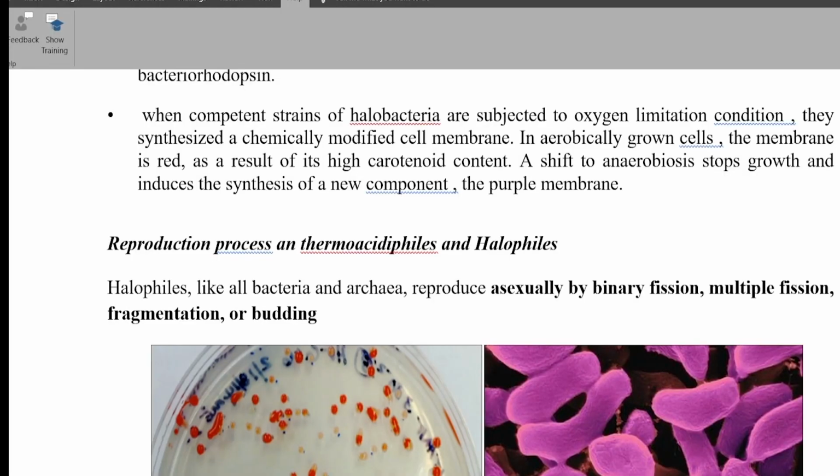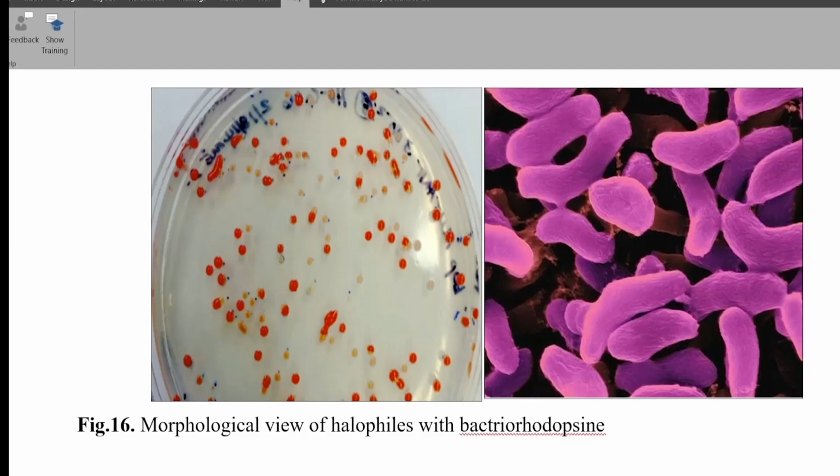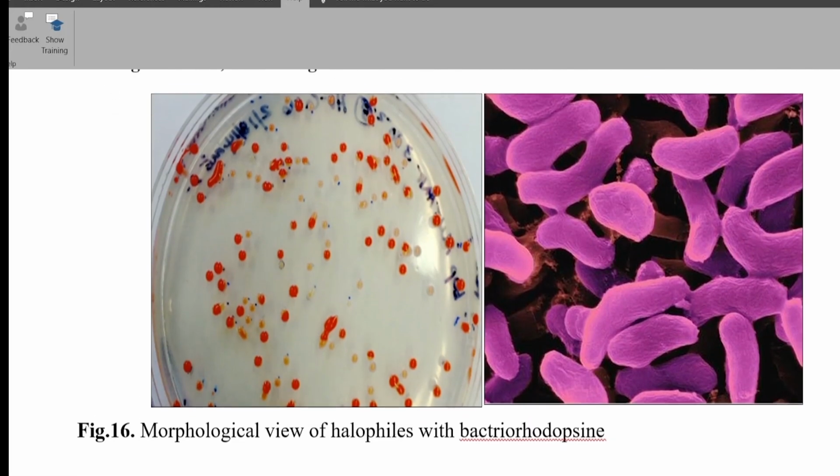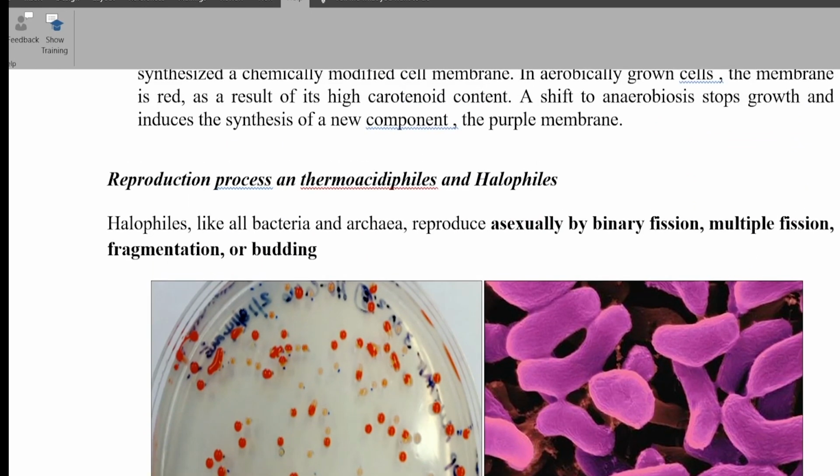The reproduction process of thermoacidophiles and halophiles is also very interesting. Halophiles, like all bacteria and archaea, reproduce asexually by binary fission, multiple fission, fragmentation or budding. If you look at the color or morphology, this is the purple color and the orange color of these two groups of bacteria, thermoacidophiles and halophiles.